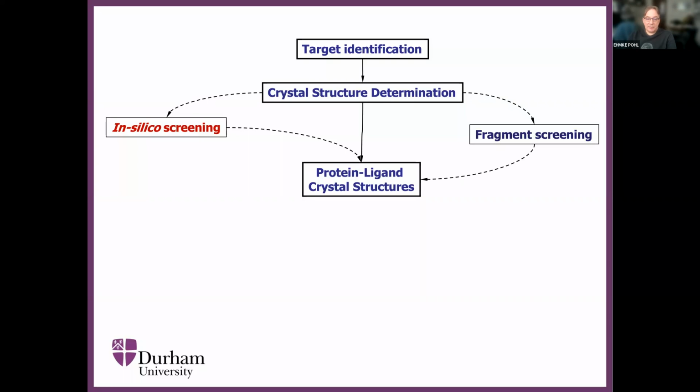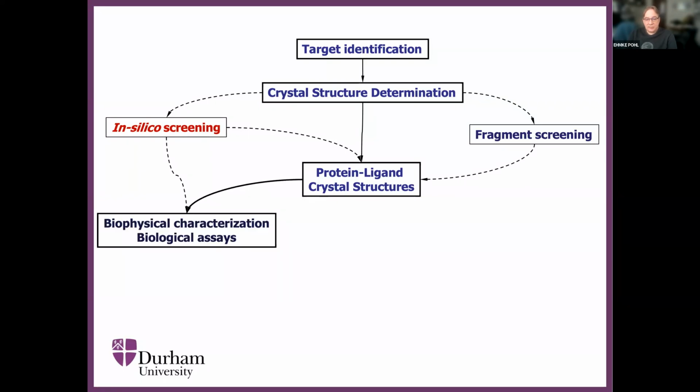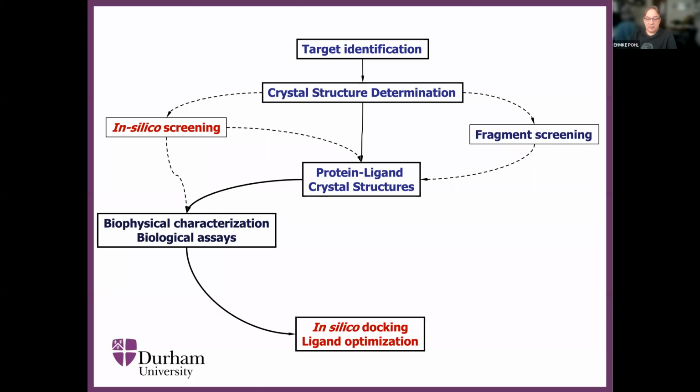Once we have that, we enter the so-called drug design cycle, where we use biophysical and biological assays to look at the efficacy of our ligands, and use further in silico docking to optimize our ligands, then go over to our synthetic chemists next door and give them hints on ligand synthesis.